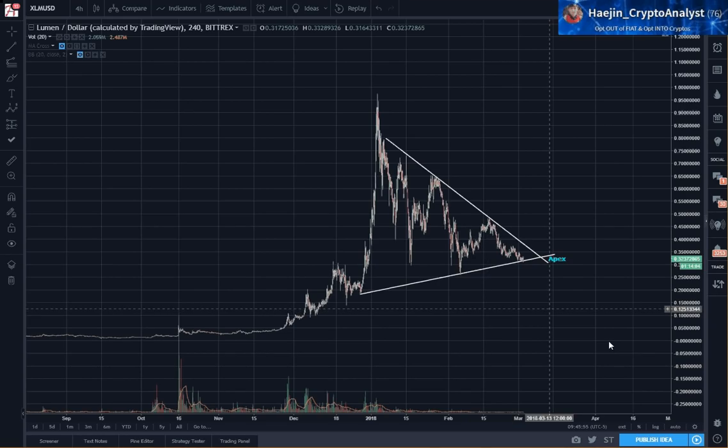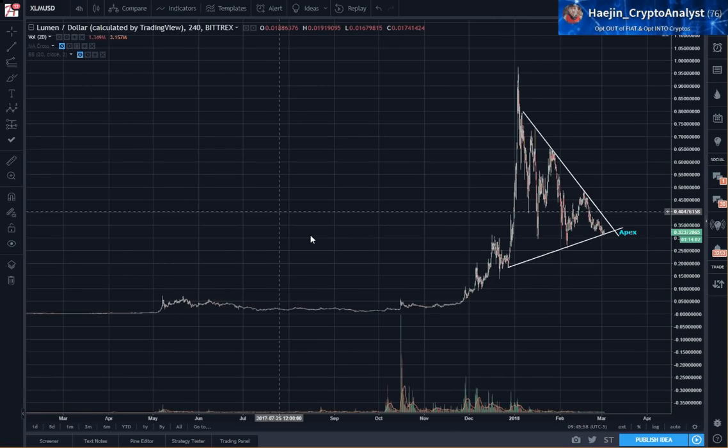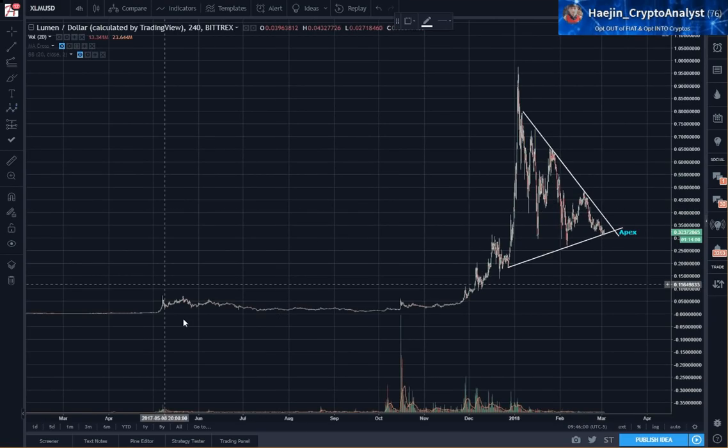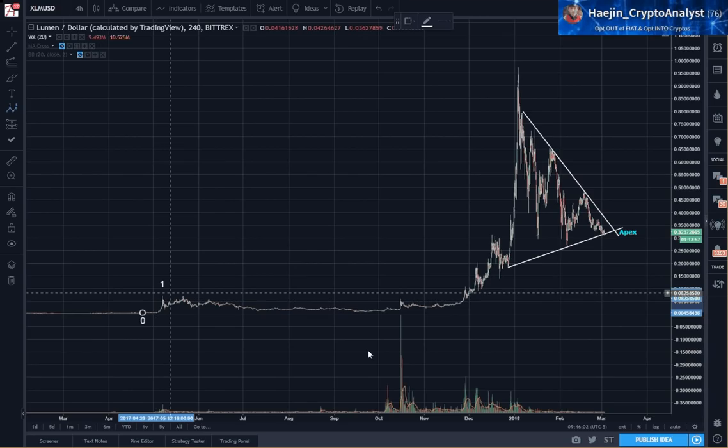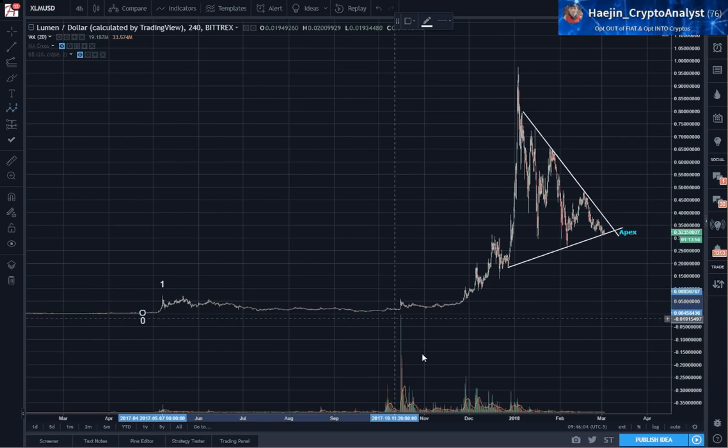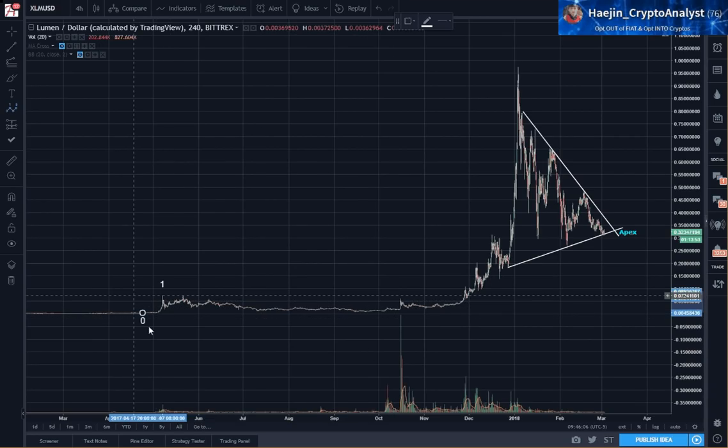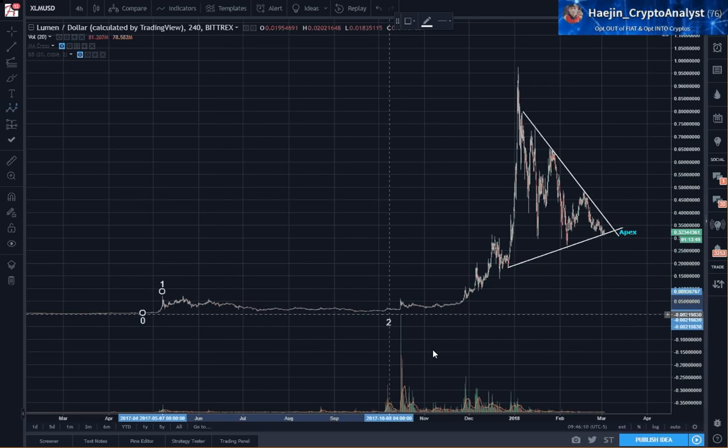Then I draw my Elliott waves. Wave 1. This was talk about a hurry up and wait. Very long correction. 2, 3, 4, and 5.